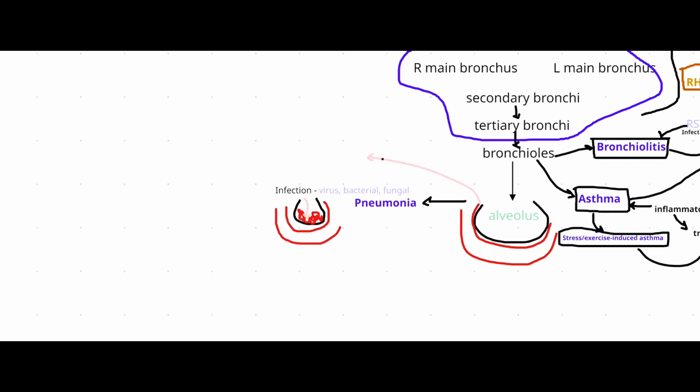Now, what kind of crackles? Fine or coarse? Fine. Why fine? It sounds like Rice Krispies for sure. When you say fine, it's small sounds, like fine, finer, coarser. Coarse is big, fine is small.